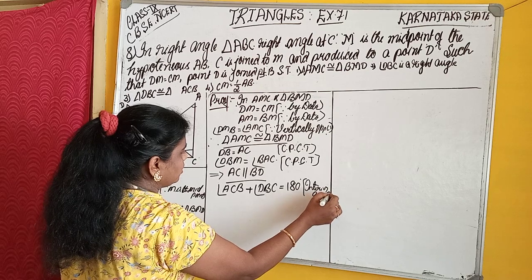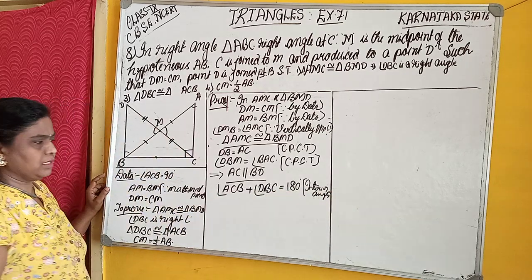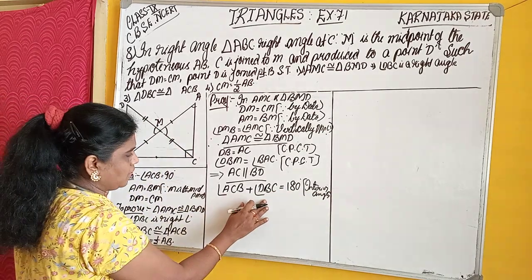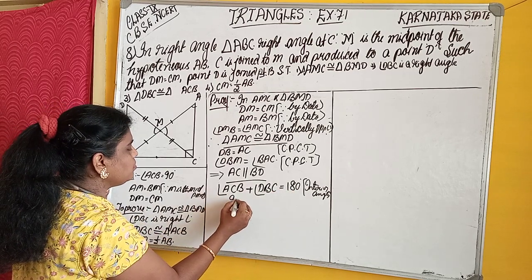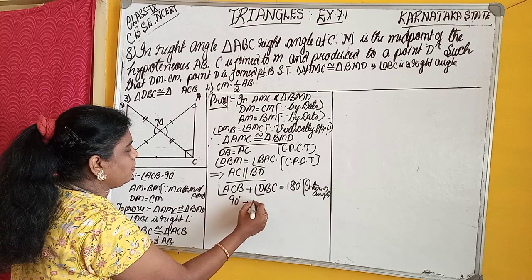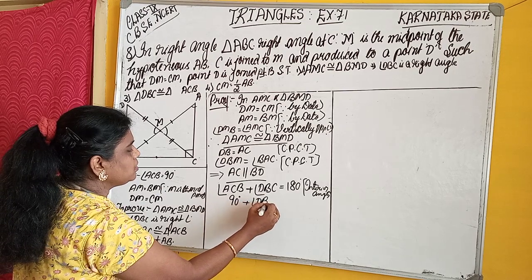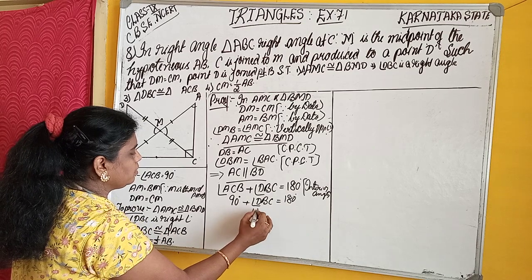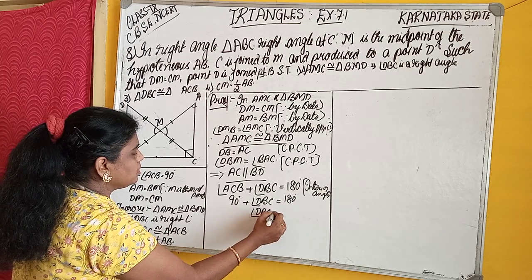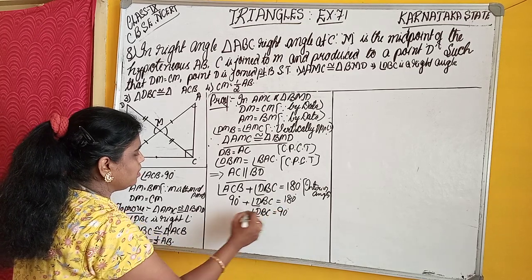Angles on the same side. When we add these two angles, we will get 180 degrees. But here, given that angle ACB is equal to 90 degrees, therefore angle DBC will also become 90 degrees. Angle DBC is equal to 90 degrees.